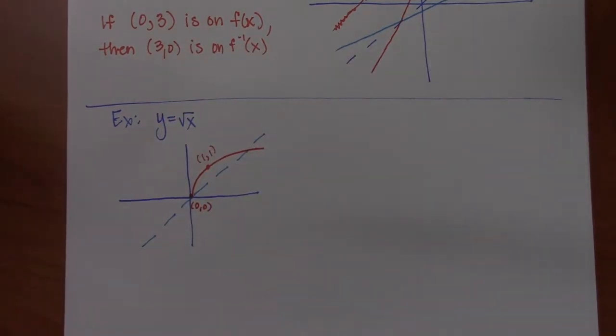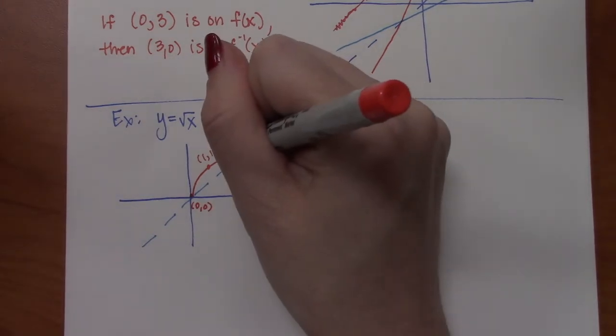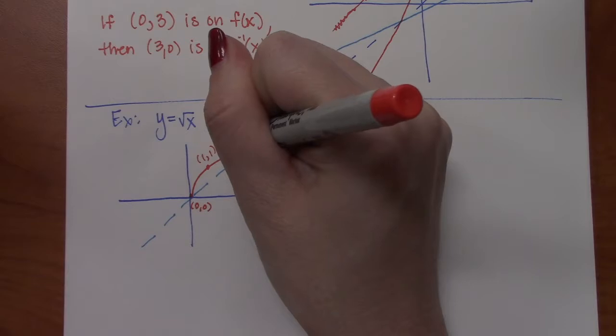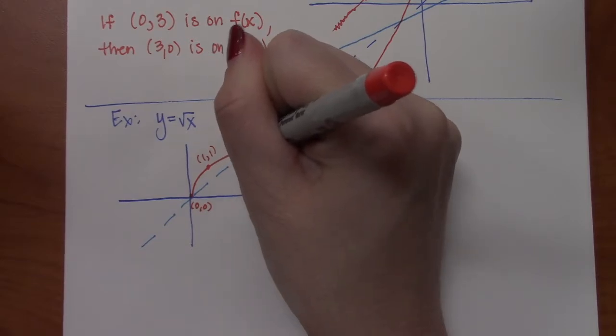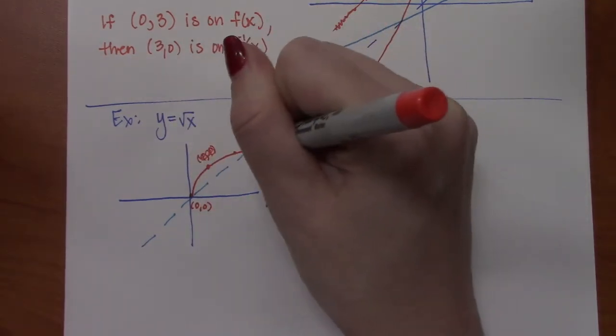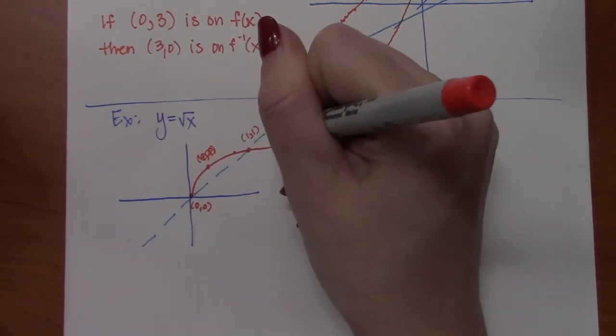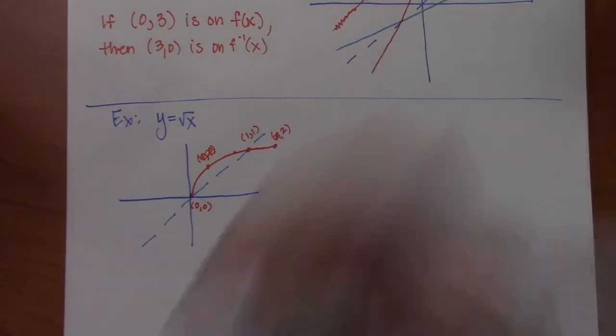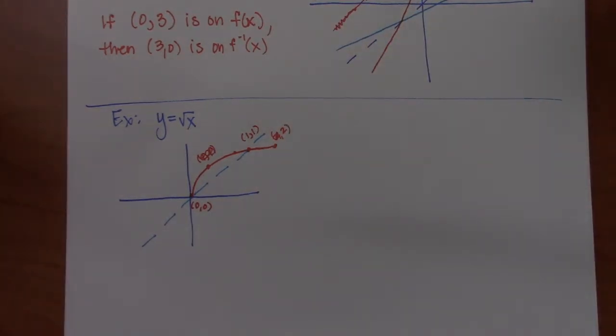If you plug in 1, you get back 1. Then we have another point here, let's say that's (4, 2), right? Because if you put in 4, you'll get the square root, which is 2.